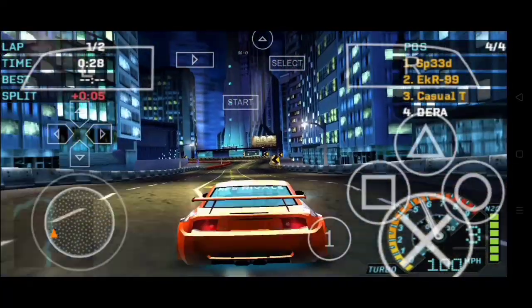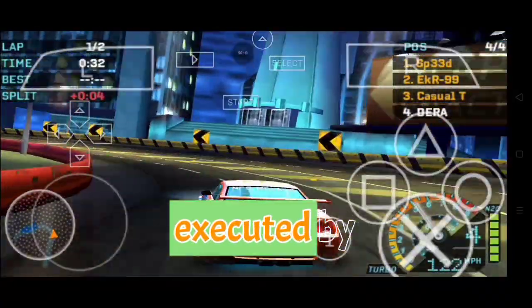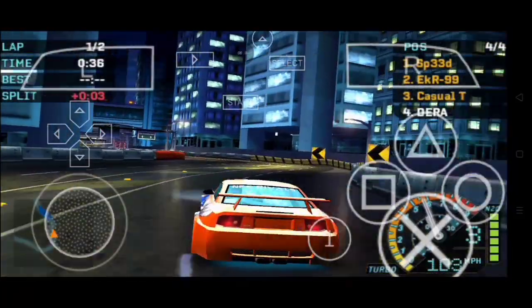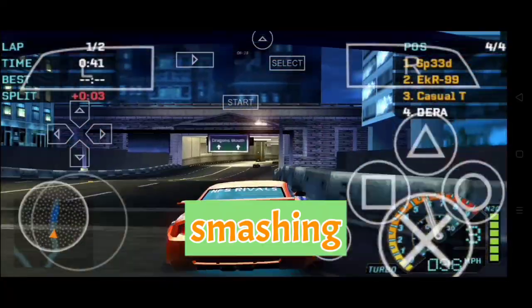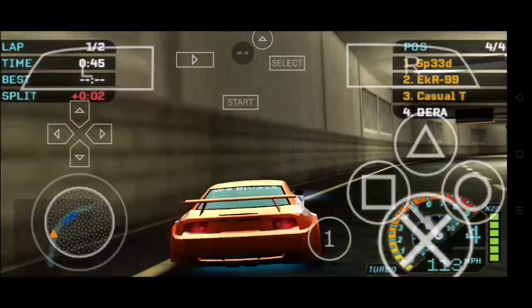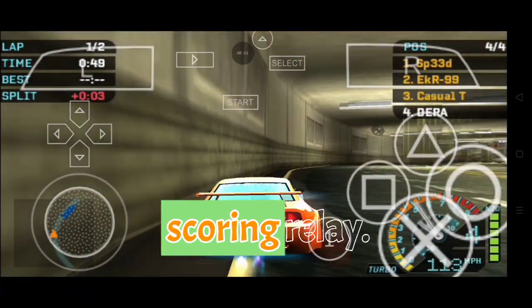Collision detection wasn't coded via vectors in an update loop. It was executed by a steel ball bearing physically smashing into a pair of spring-loaded copper leaf switches, completing an electrical circuit that fired a mechanical scoring relay.